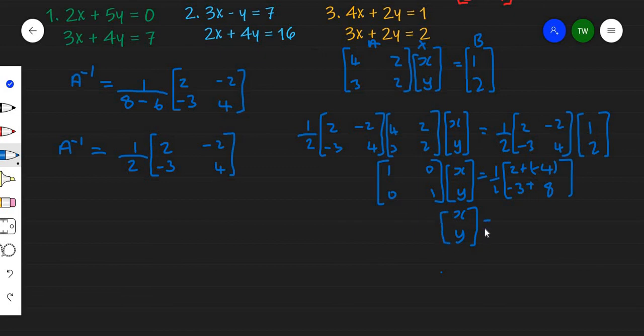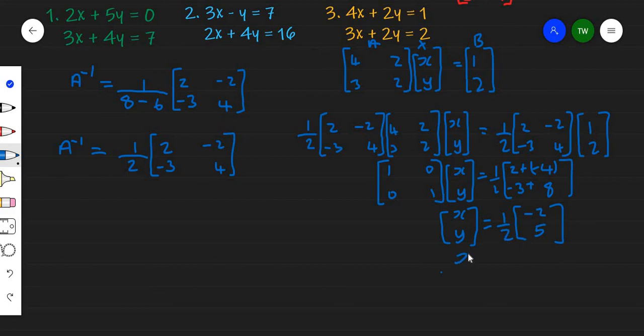It's going to equal to 1 half, and we'll just simplify this here. So it's going to be 2 plus negative 4, that's just going to leave us with negative 2. And then it's going to be minus 3 plus 8, that's going to leave us with positive 5. All you need to do is to take this half to multiply each term.